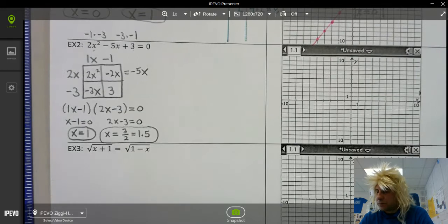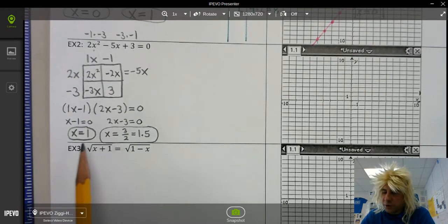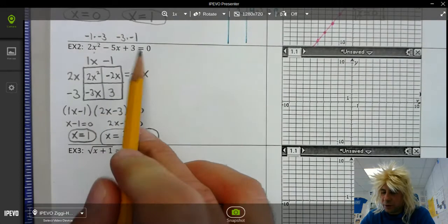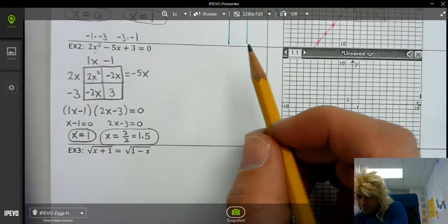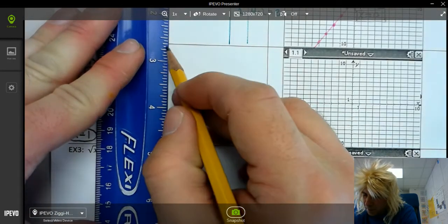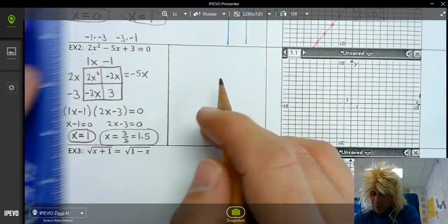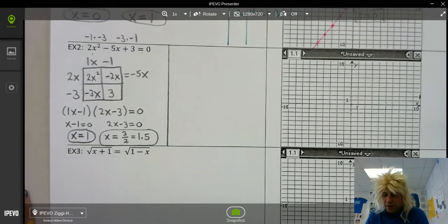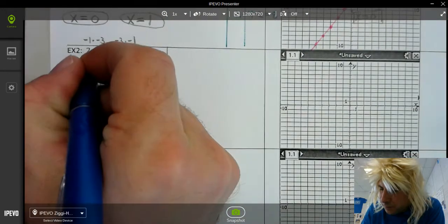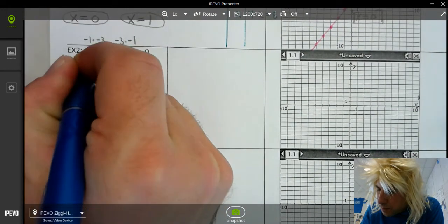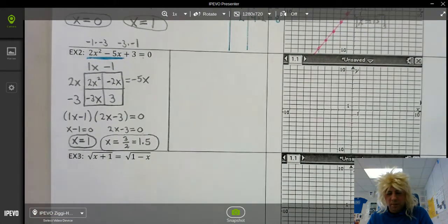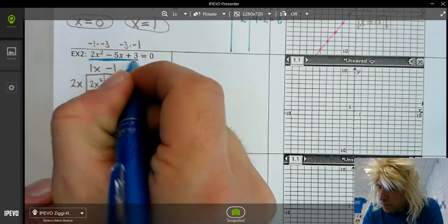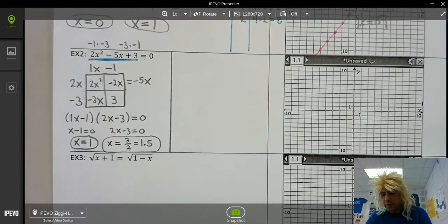All right, now, when graphing, we can actually use these 2 points because since it was set equal to 0, we're actually finding the x-intercepts. Okay? So again, I'm going to graph the left in blue, and I'm going to graph the right in pink.